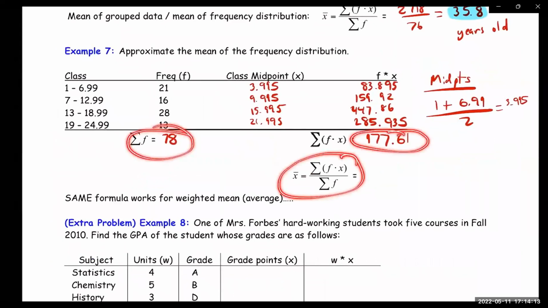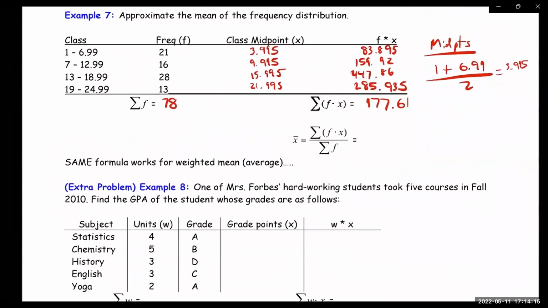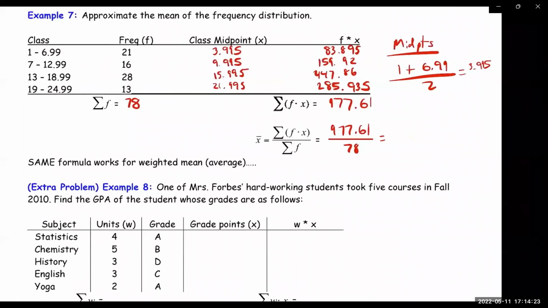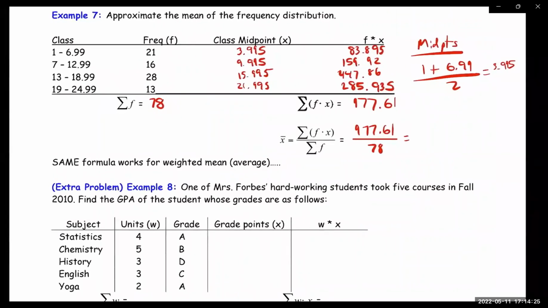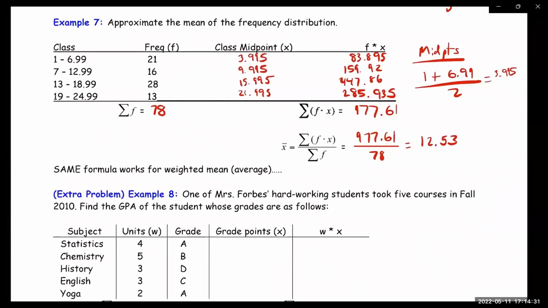That's what this formula is telling us to do. So we're going to take 977.61 divided by 78. And that's going to give us approximately 12.53. All right, so that's how you would find the mean for group data.